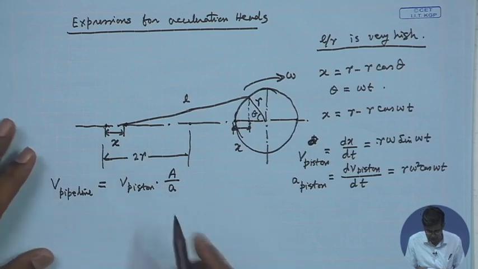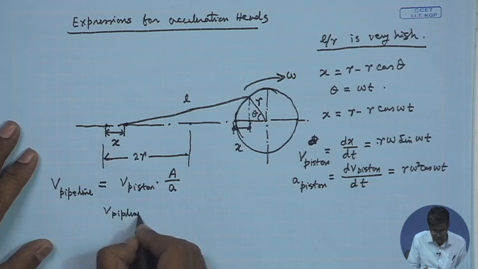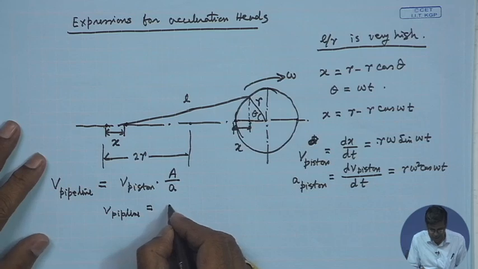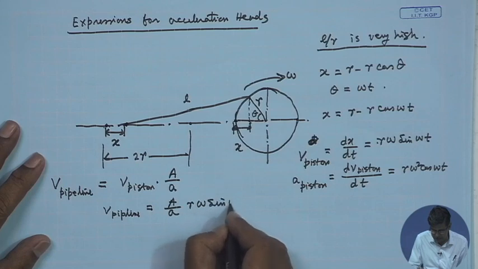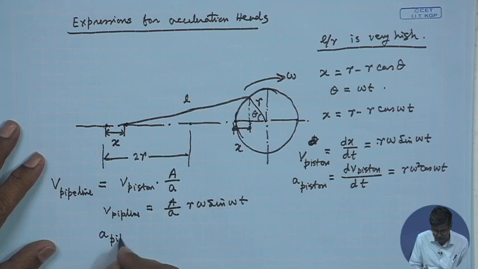So, we can write the V pipeline is equal to A by AP times r omega sin omega t.